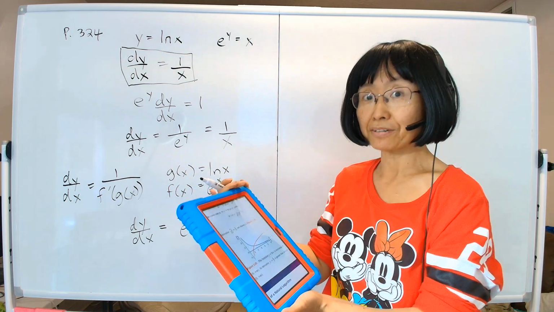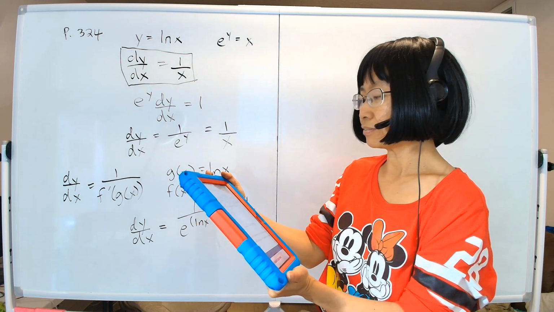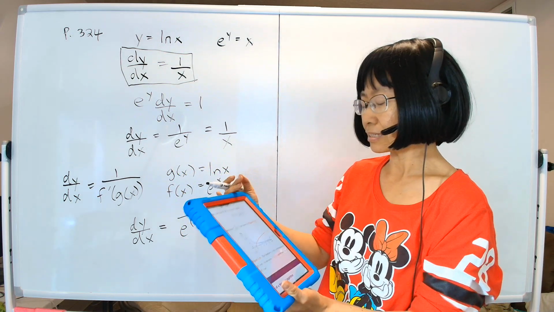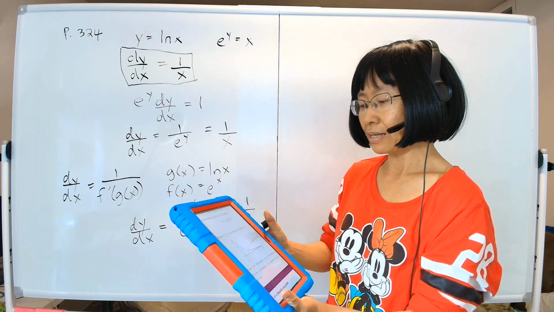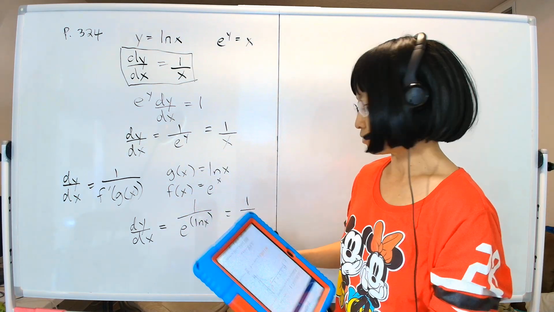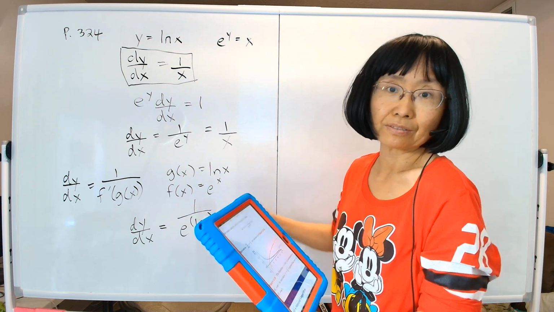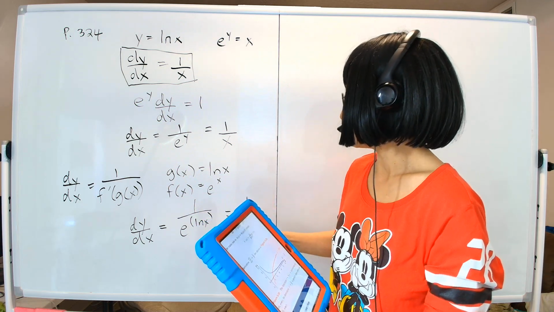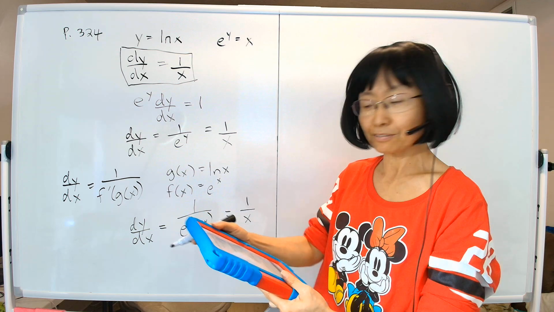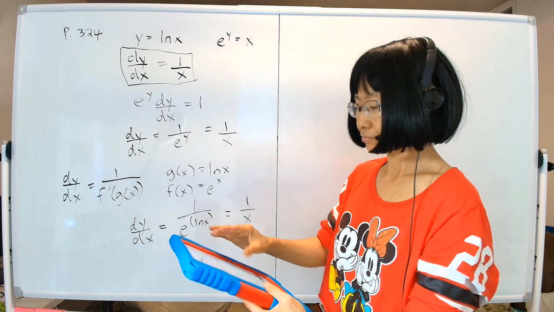It increases very slowly. The derivative is just 1 over x, which means it's decreasing, but it always stays positive. 1 over x, for x bigger than 0, is always positive. It just gets smaller and smaller. That sort of makes sense.